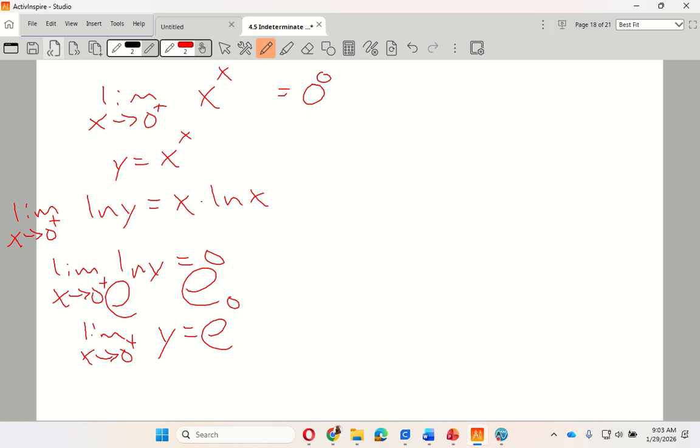And e to the 0 power is 1. So my limit as x approaches 0 from the right is equal to 1. Or, like Blade was saying, capital L stands for the limit.